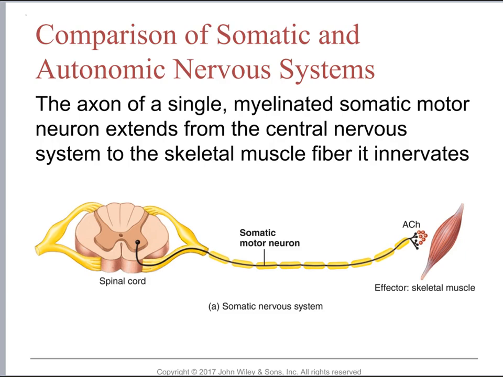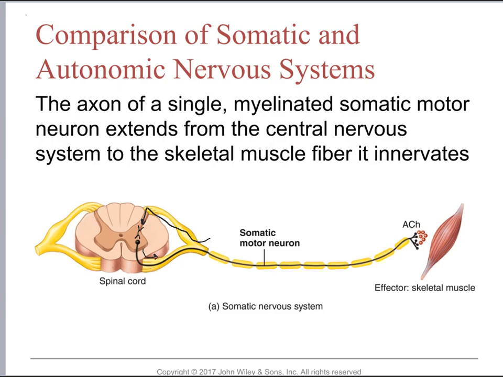So now this should look familiar. We remember that when we talked about reflexes and the somatic nervous system, we talked about a sensory stimulus coming in through the dorsal root, synapsing with an interneuron here, and then sending information out the ventral root to the effector.